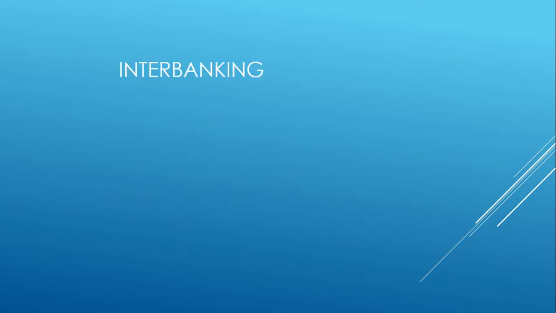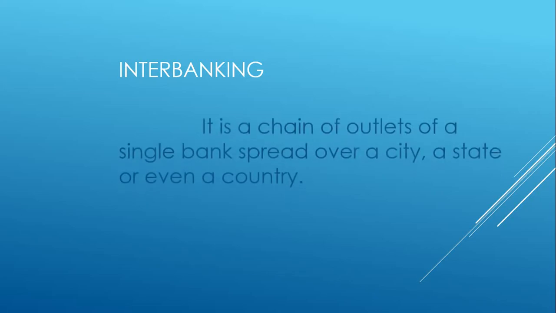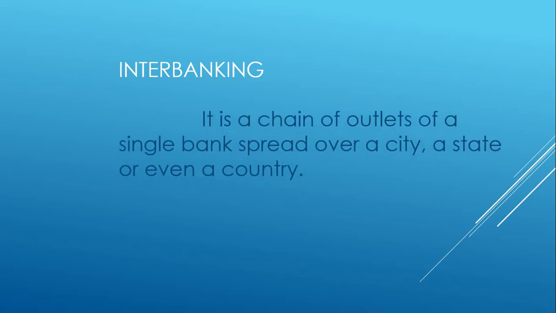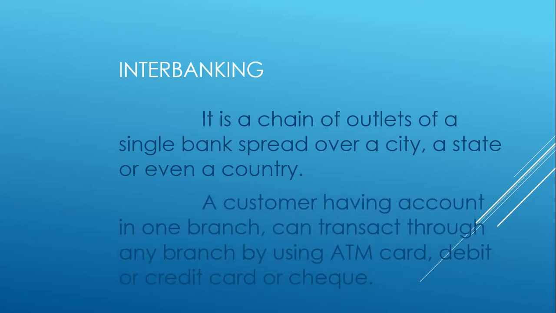The first term is interbanking. Interbanking means a chain of outlets of a single bank spread over a city, a state, or even a country. The customer who has an account in one branch can transact through any branch by using an ATM card, debit card or credit card, or even a check.